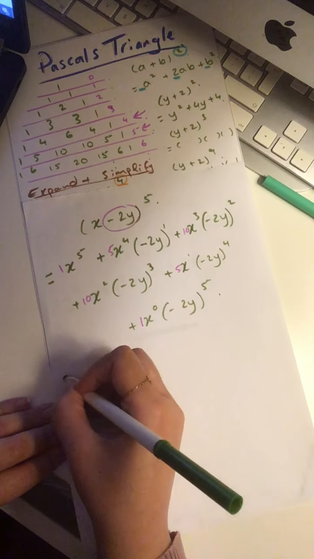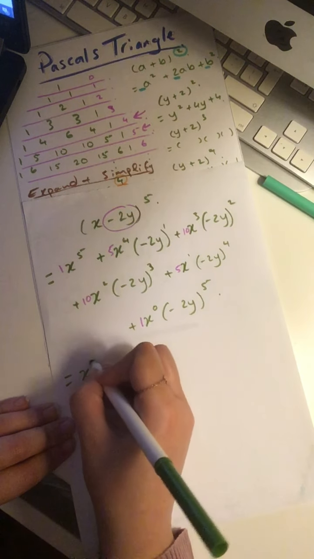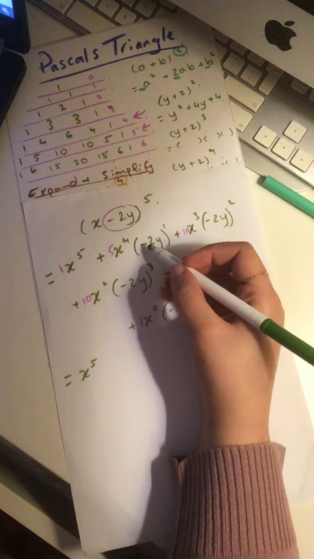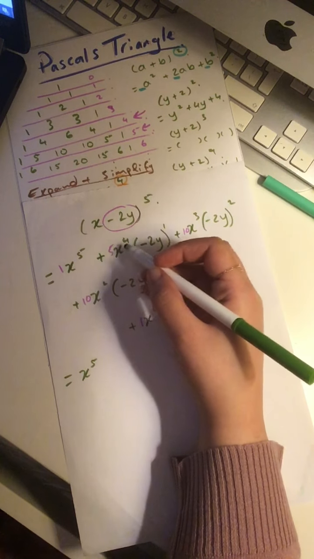And now I have to tidy up. So my first term is x to the power 5. My second term is minus 2y times 5 x to the power 4.